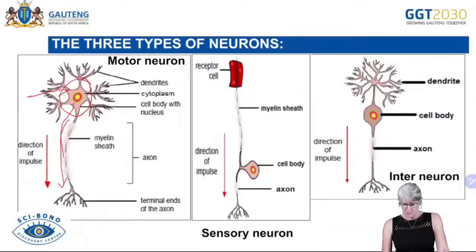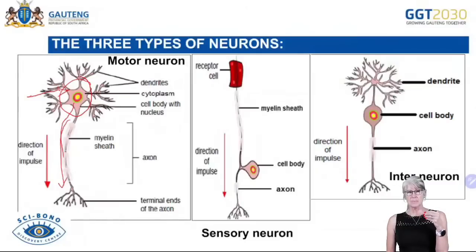Then we have sensory neurons, and usually sensory neurons are unipolar or bipolar, and there's a receptor cell, okay, that would be in one of our sense organs, whether it be in our skin or in our eyes or in our ears, on our tongue, inside of our blood vessels. And what it does is it is sensitive to a specific stimulus.